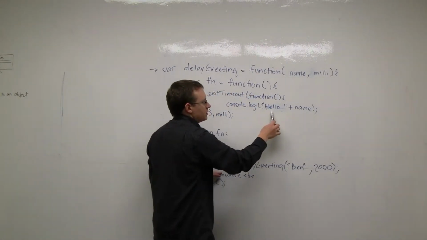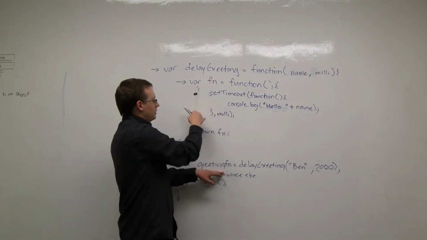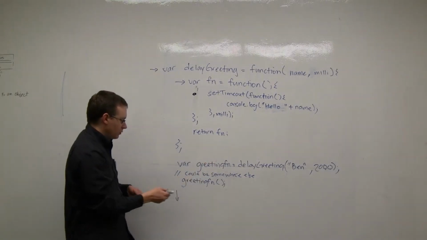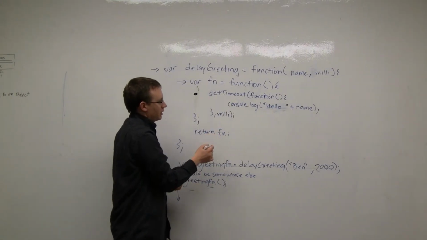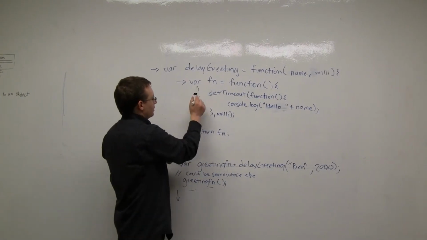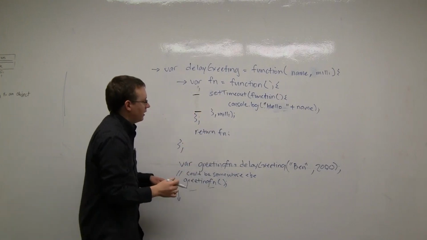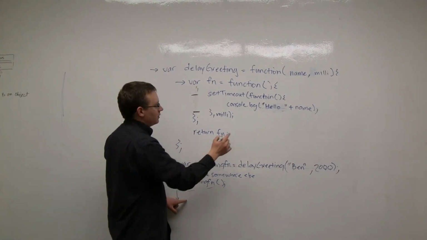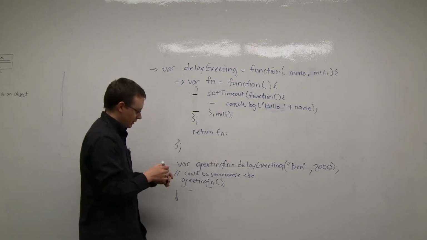All of this scope and stuff is retained. The milliseconds and the name, that's all retained inside of here. Not until we invoke the greeting function does this part actually get executed. Actually, this part gets executed from here to there. And then, not until the milliseconds, 2 seconds later, does this part get executed.